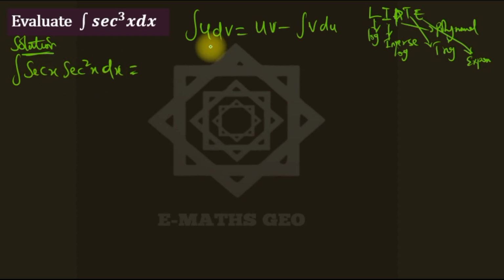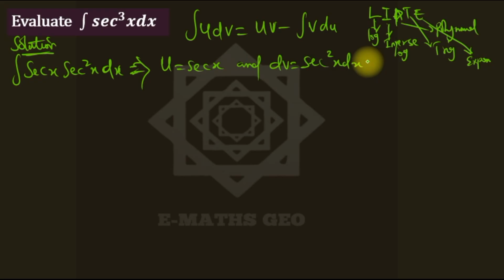So that means one is u and one is dv, and since sec squared is the derivative of tan, it's better we assign u as sec x and dv as sec squared x dx.